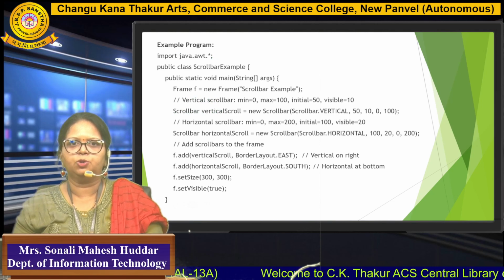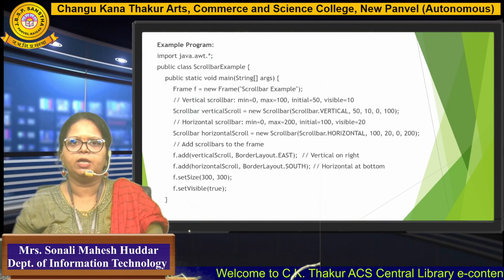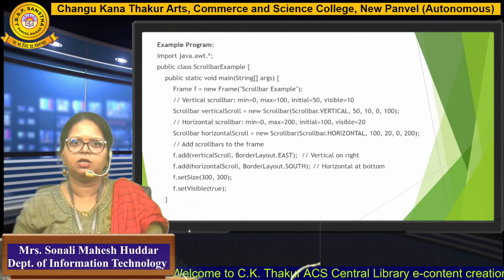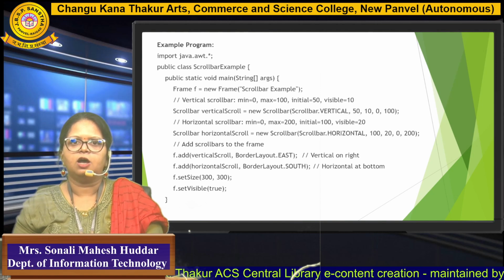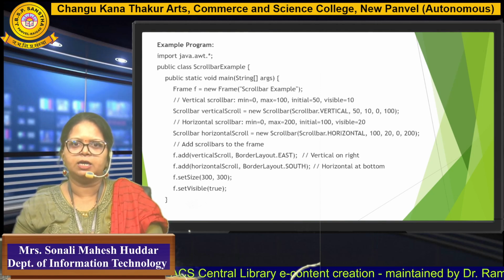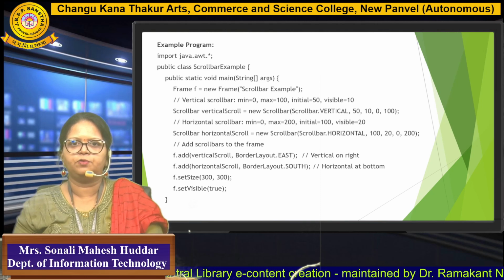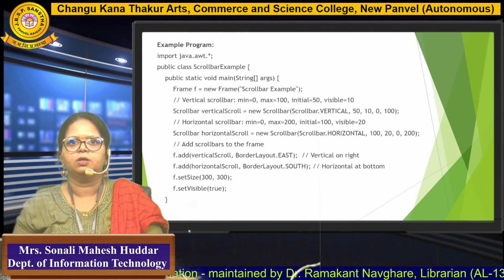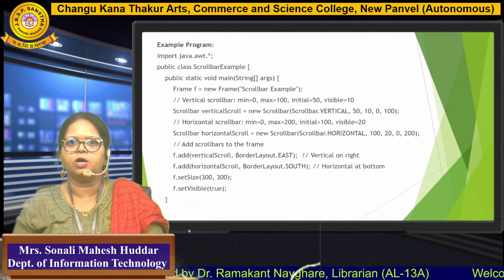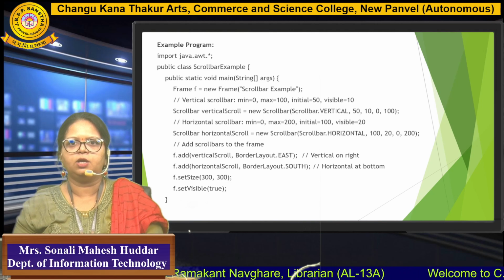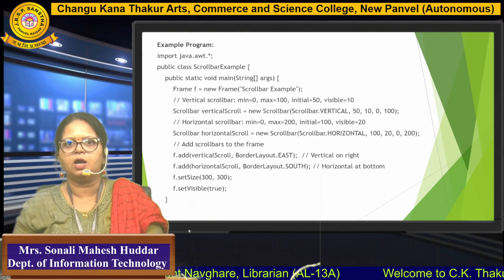Just consider one program. Here you are importing the AWT package, then you are writing the class ScrollBarExample. Then your main method is there. After that you are declaring one frame. Inside that frame only you are going to show that scroll bar. So a frame is required. Frame f = new Frame("ScrollBarExample"). Scrollbar verticalScroll = new Scrollbar(Scrollbar.VERTICAL, 50, 10, 0, 100).